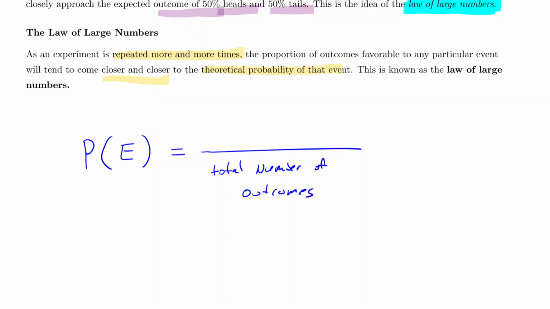And the numerator on top is the number of ways the event can occur, the event that we're interested in. The event is something the problem usually defines, like getting 2 daughters only, or tails, or at least 1 tail, things like that.